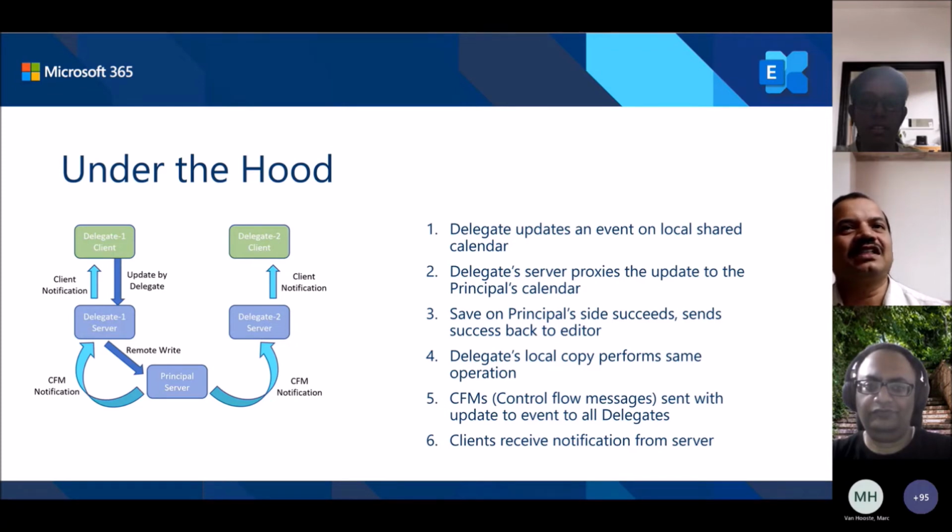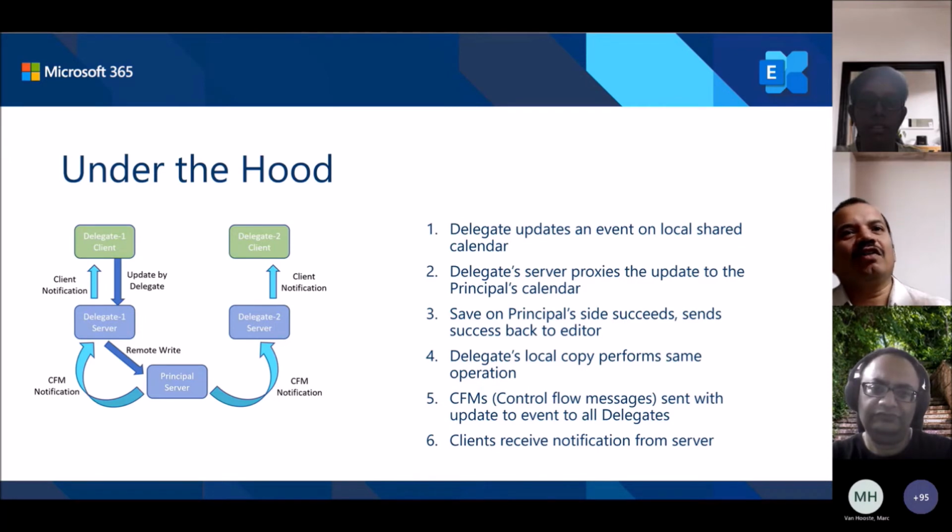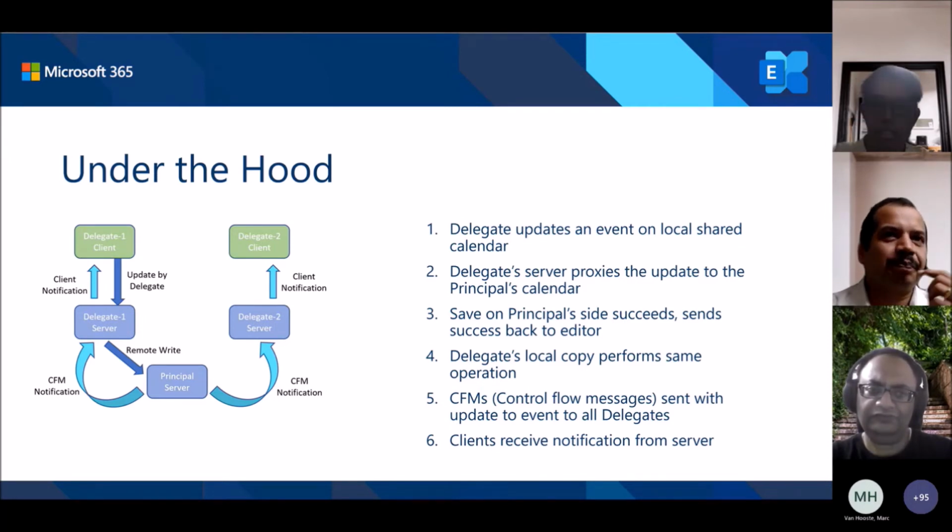So now this is a much cleaner approach, where it's a write-through cache, think of it that way, and then there is a notification broadcast to all the people who need to listen to it. And this is working much nicer with increased reliability and all of that. Can you go to the next slide?